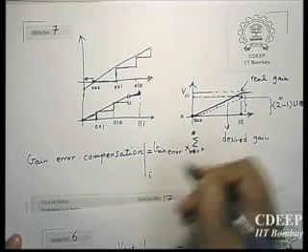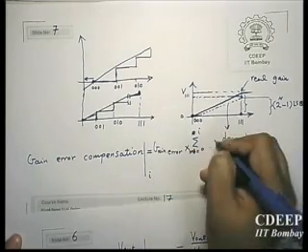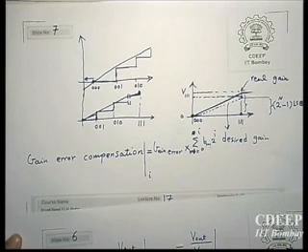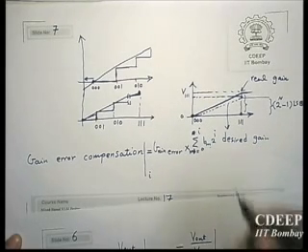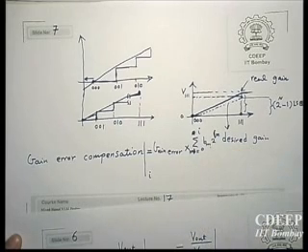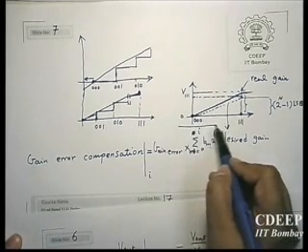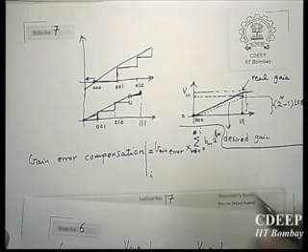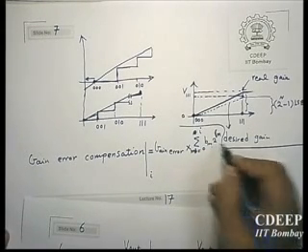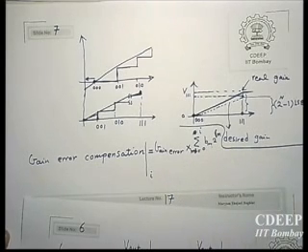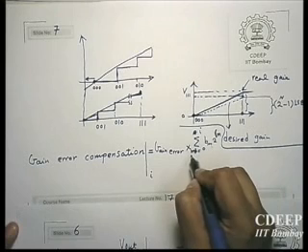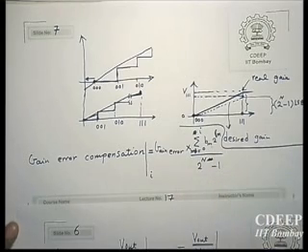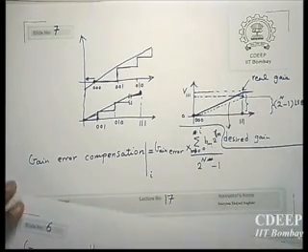M equal to 0 to I, Bm, to the power m, divided by 2 to the power n minus 1. I will write it here.